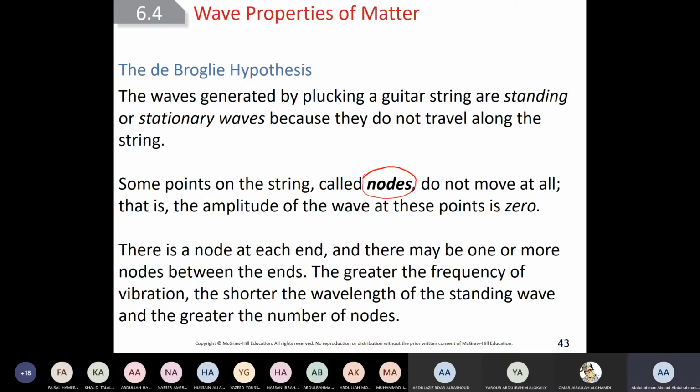Nodes is where the value of the wave, or the amplitude, not the value, but amplitude, or value of the wave is 0. What do you mean by this?